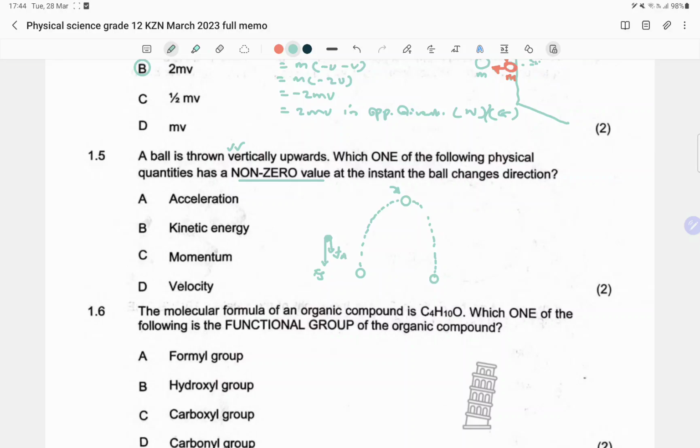As it goes up, the time it will take to reach that maximum height is going to be much shorter than the time it will take to come back down, because as it comes back down after changing direction, the air friction is going to be exerting a force upward, and the weight is going to be exerting a force downward.